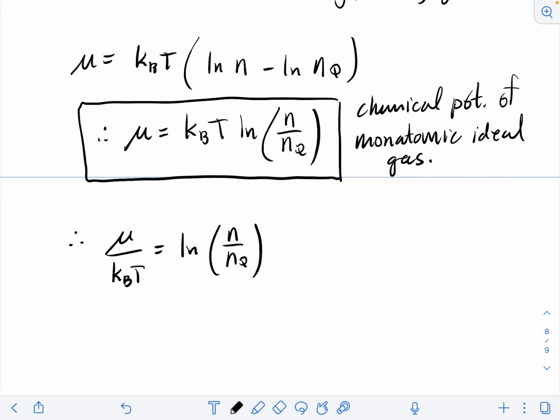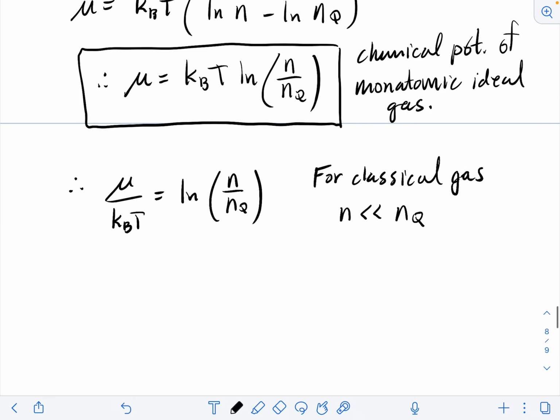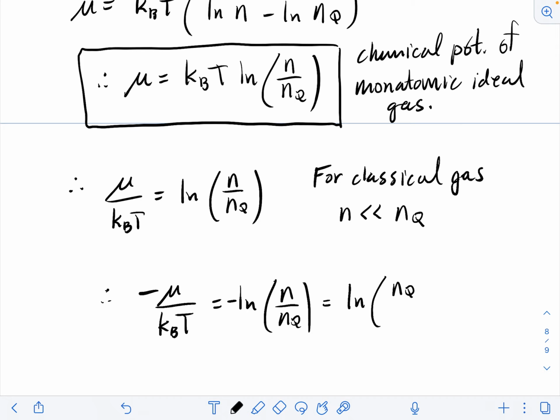So for a classical gas, n is much less than nq, and therefore what appears in these exponentials is minus mu over kBT, which is equal to minus ln of n over nq, which is equal to plus ln of nq over n, which is a really big number because nq is large and n is small.